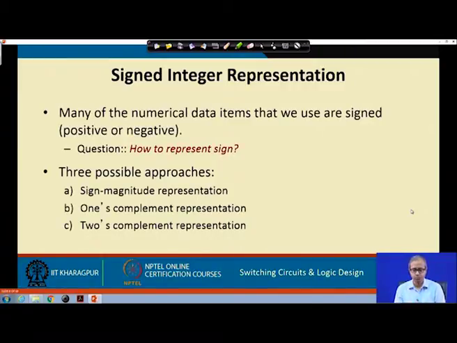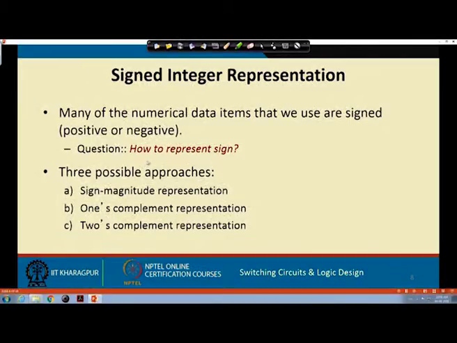Now, let us come to the issue of sign. In most of our calculations we have to deal with both positive and negative integers. So, the question is, how do we represent negative numbers in a system or in a circuit, and how do we manipulate them? To answer this, there are 3 broad approaches which are used in practice.